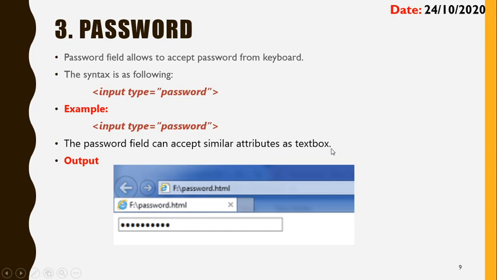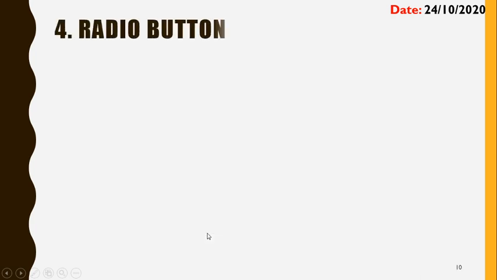In the text box it has size and the maxlength attributes. Also you can use this size and maxlength attribute in the password, and this is the output of this example. When you enter the password, it will appear in black dotted circles.